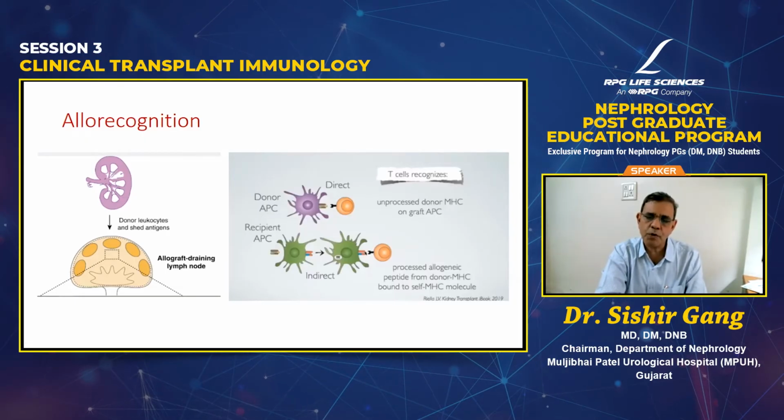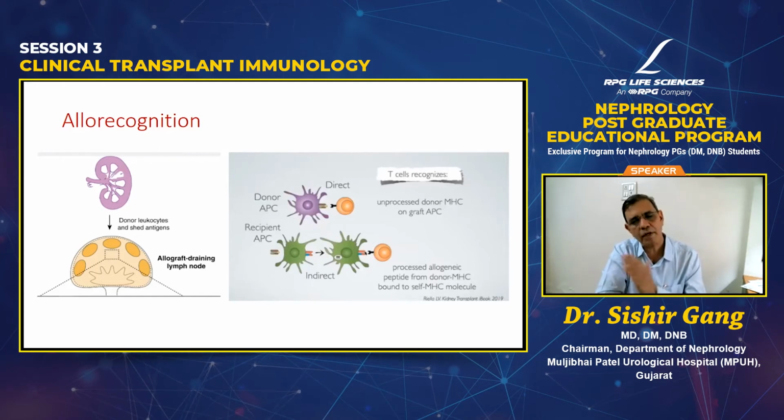And because these proteins are polymorphic, and polymorphic proteins are proteins which the recipient does not have, it will mount a response to those polymorphic proteins. So these recipient antigen-presenting cells can take up these MHC antigens, and in the context of the HLA molecules, usually the class 2 molecules, present them to the T cells.